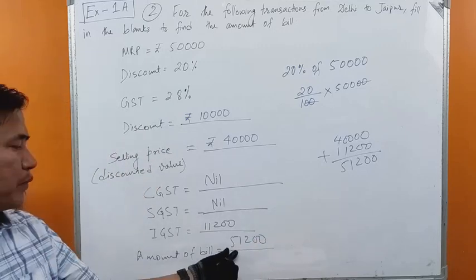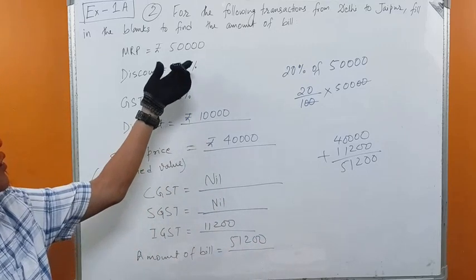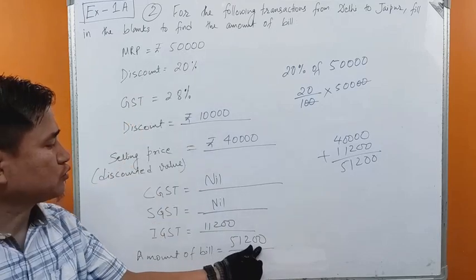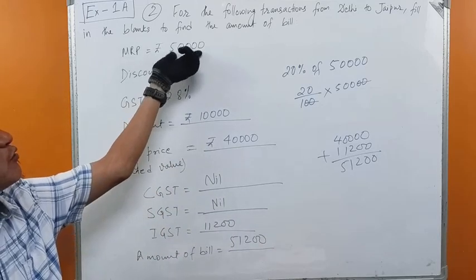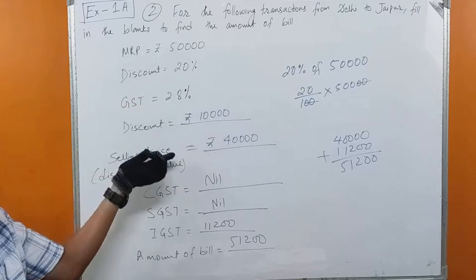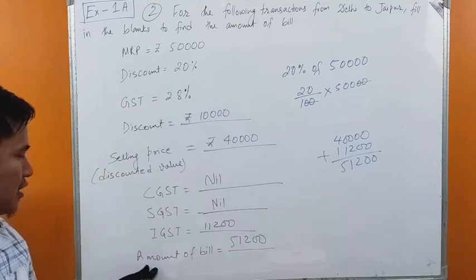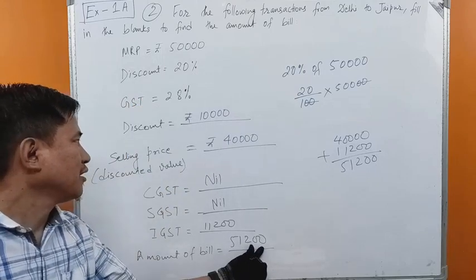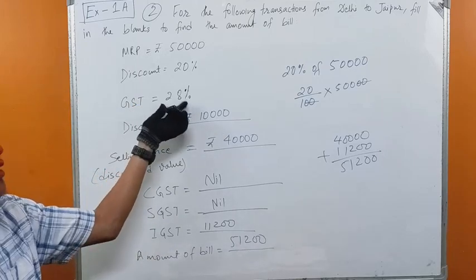So the amount of bill when the product is sold is 51,200. The mark price of the product was 50,000. Discount was given rupees 10,000, and the amount of bill is 51,200 because GST is 28%, isn't it?